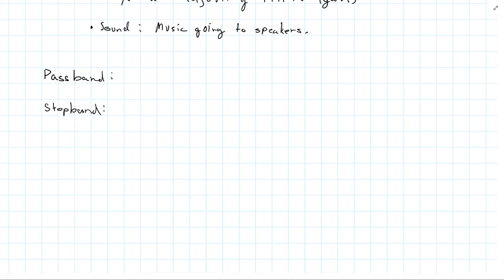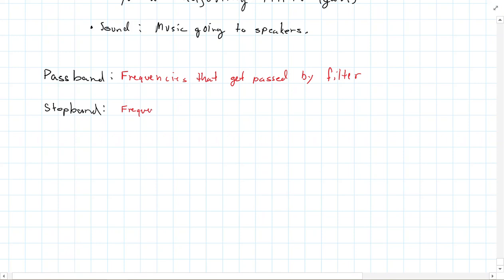And the pass band is literally the frequencies that get passed by the filter. And the stop bands are the frequencies stopped.